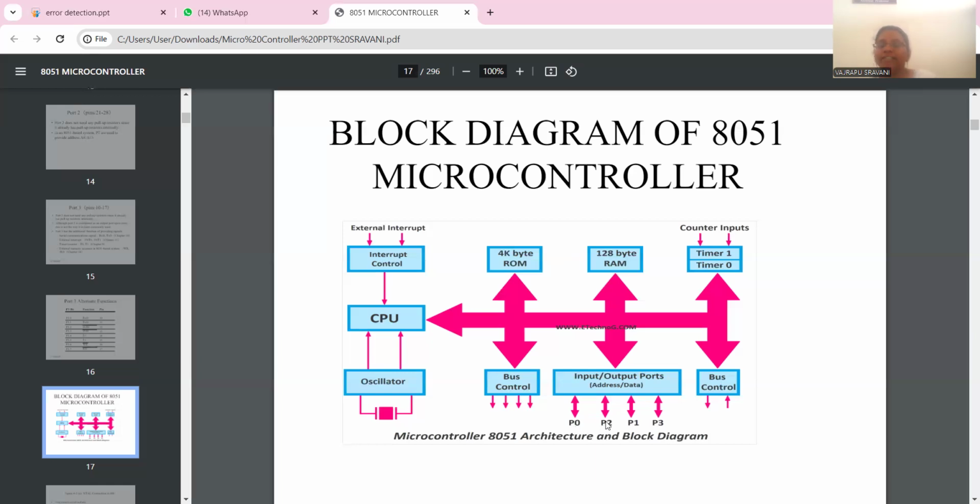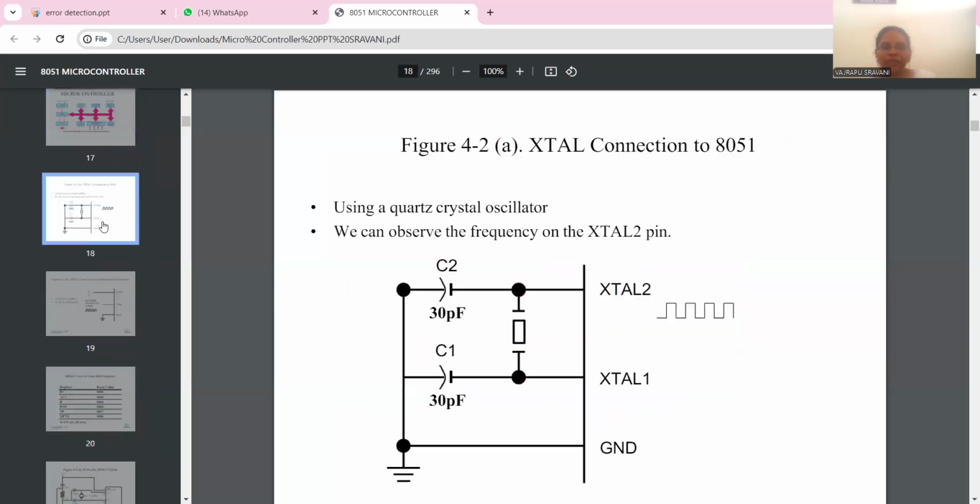So in total a 16-bit address bus as well as an 8-bit data bus are connected to the microcontroller. Port 1 is for normal general input output purposes. Port 3 is used for special functions like RXD, TXD, interrupts, and timers, all connected to the port 3 pins.